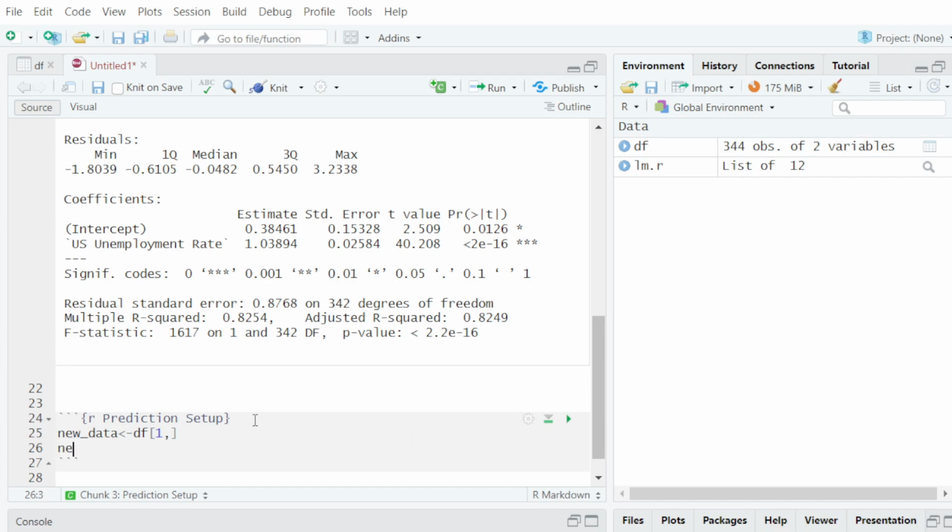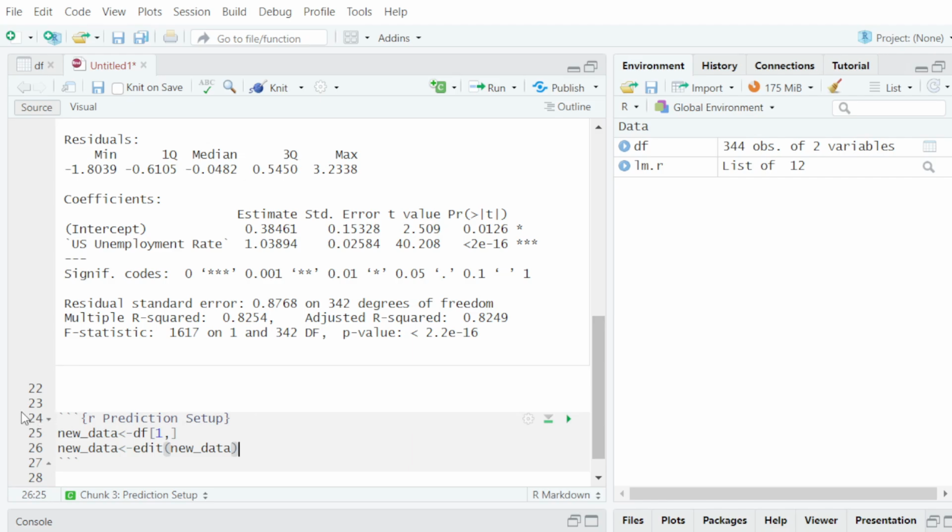Then I want to edit that. So new_data, again the assignment operator, and I'm going to use edit(new_data). This is going to open up an editing window, which you can treat very much like Excel, and you can just type numbers into it.